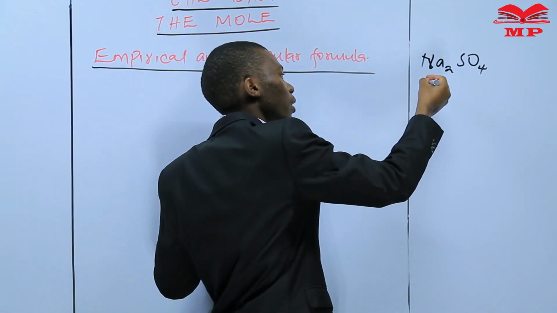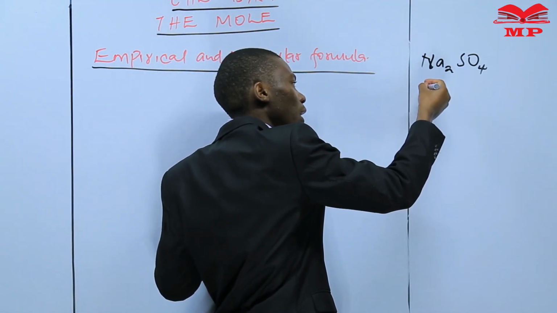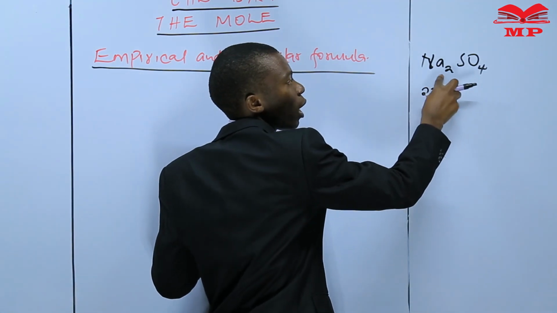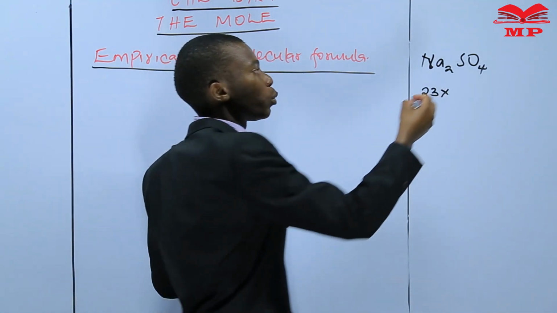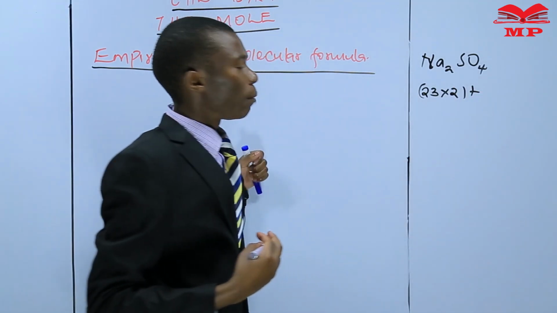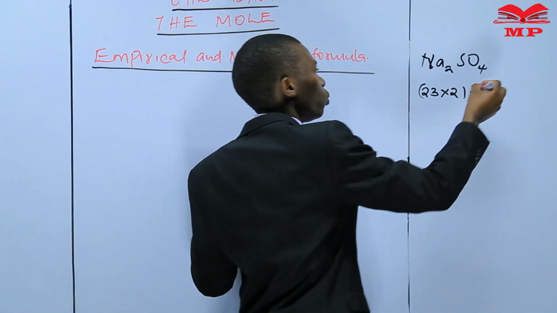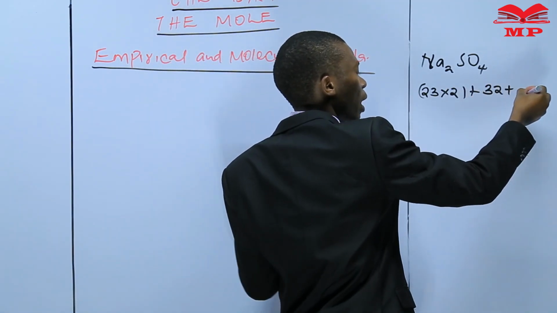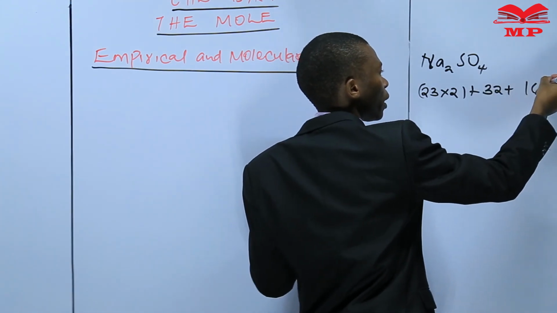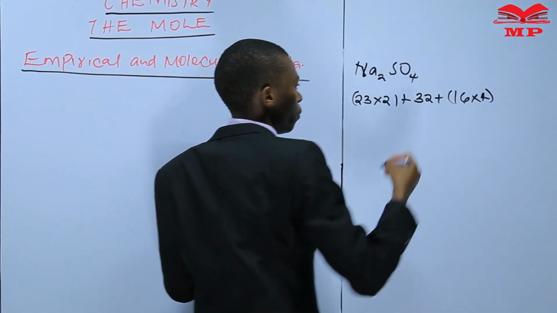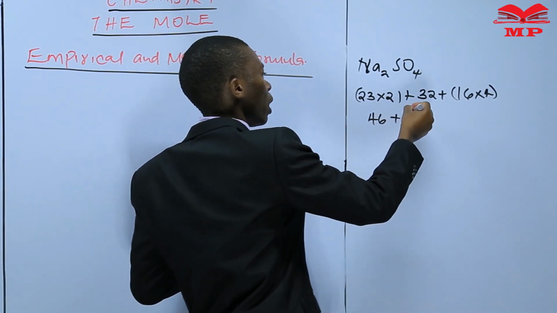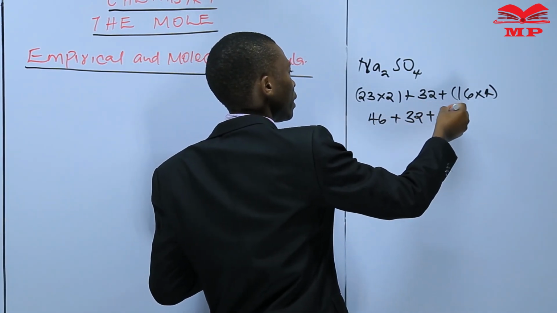Sodium has a mass of 23, but there are 2 atoms of sodium, therefore it's 23 times 2. You add the mass of sulfur, which is 32, and you add the mass of oxygen, which is 16, but because there are 4 atoms, you multiply by 4.